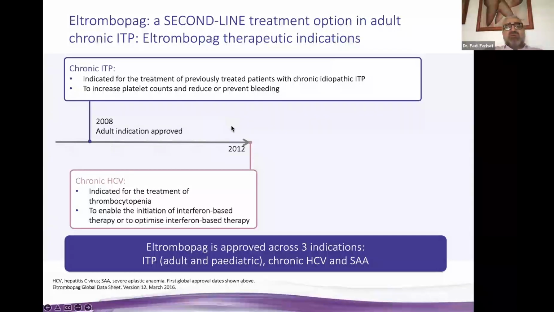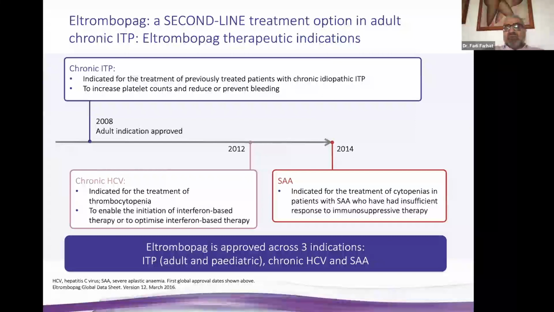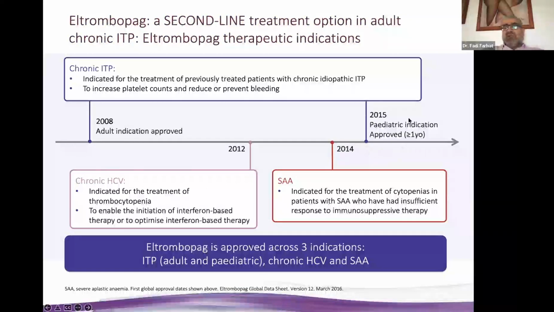And it was approved also for previously treated patients. Then afterwards, it was also approved for thrombocytopenia in HCV positive cases. And also in the treatment of cytopenia in patients with SAA, which means aplastic anemia, who have a low response to immunosuppressive therapy, in 2014. And in 2015, it was approved in the pediatric indications.